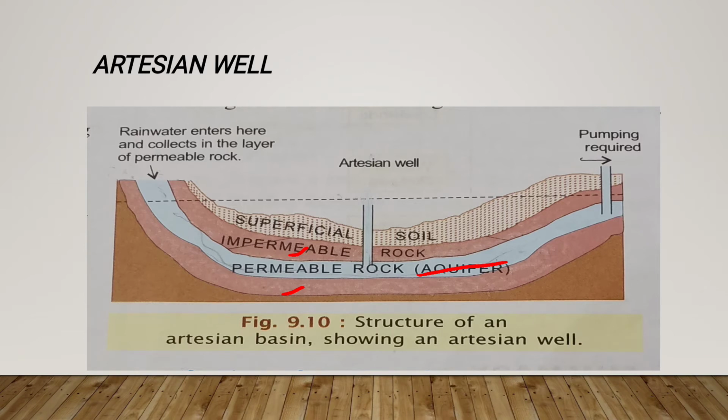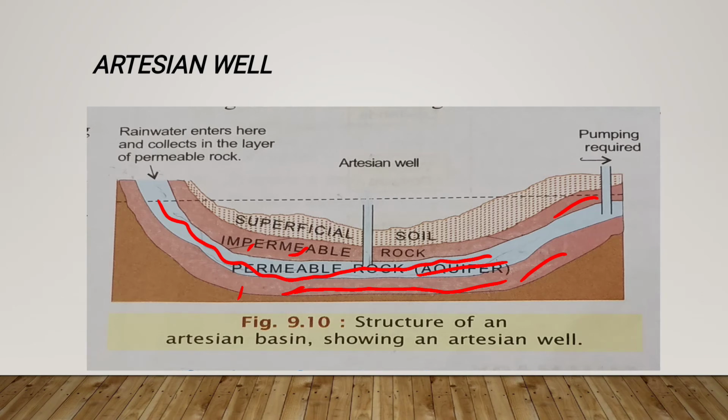These two impermeable layers do not allow water to go out. The water cannot go up, the water cannot go down. The impermeable layer does not allow the water to go through, and the water gets collected in this porous, permeable layer of rock.